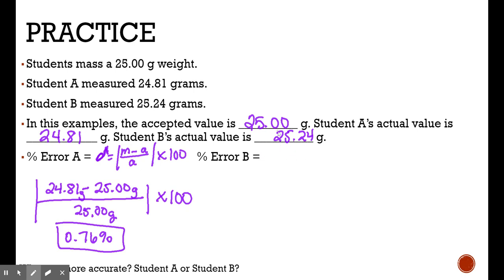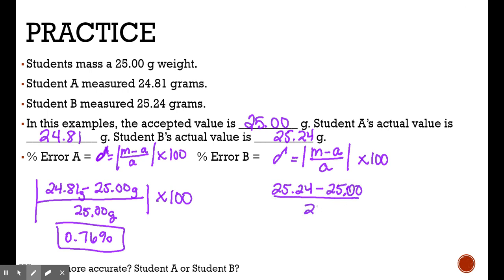In B, we're going to do the same thing. So we have percent error equals the absolute value of measured minus accepted divided by accepted times 100. So we have student B's actual measured value, 25.24 minus 25.00 divided by 25.00.